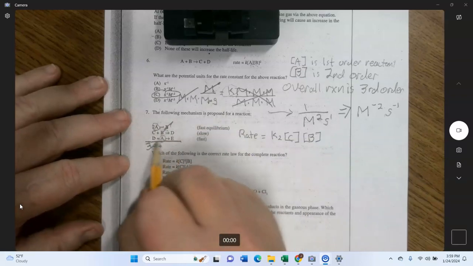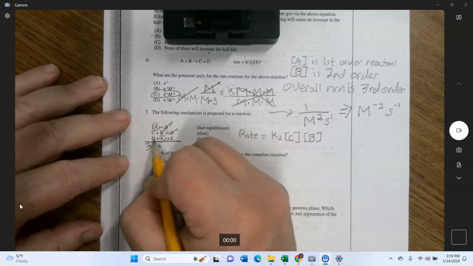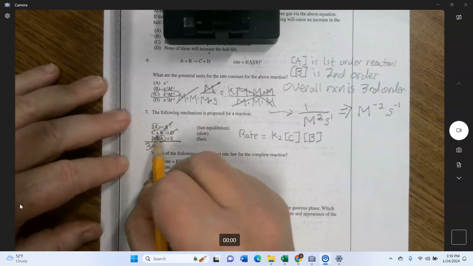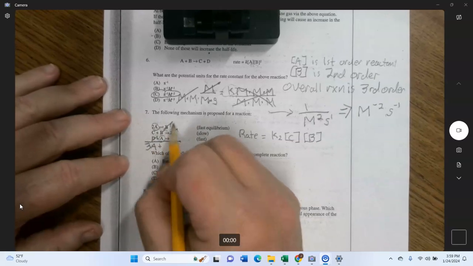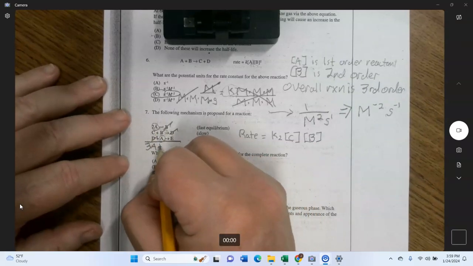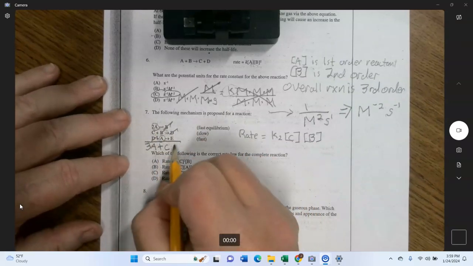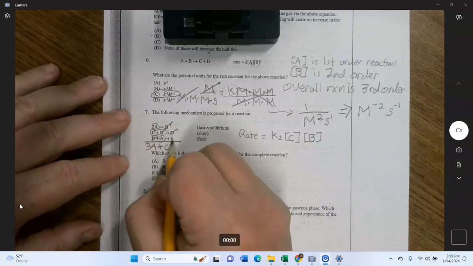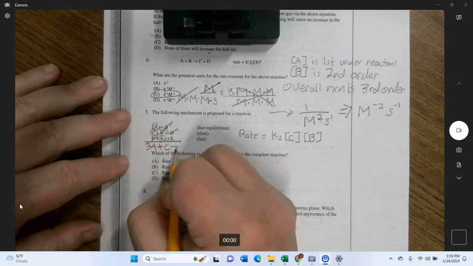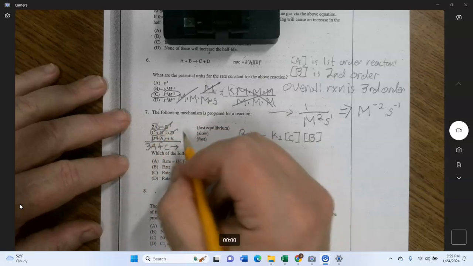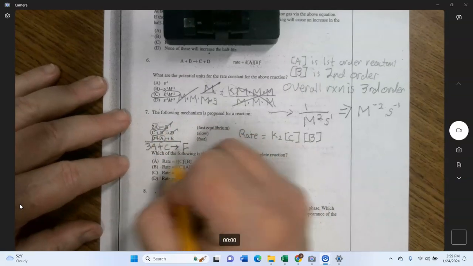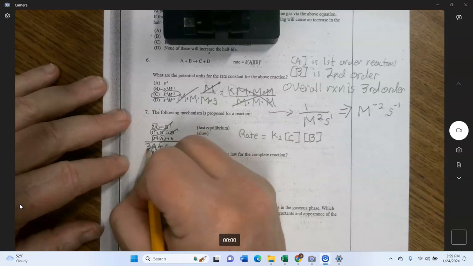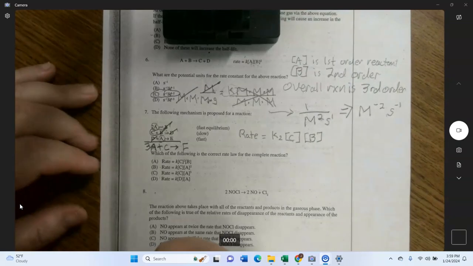We have D on the right and D on the left, so they cancel. And we have C on the left and nowhere else, so it's going to be 3A plus C. And then, so we use that one. And then we have E, and it's on the right side, and it doesn't cancel or add, so it's going to be E. So this is 3A plus C equals E.